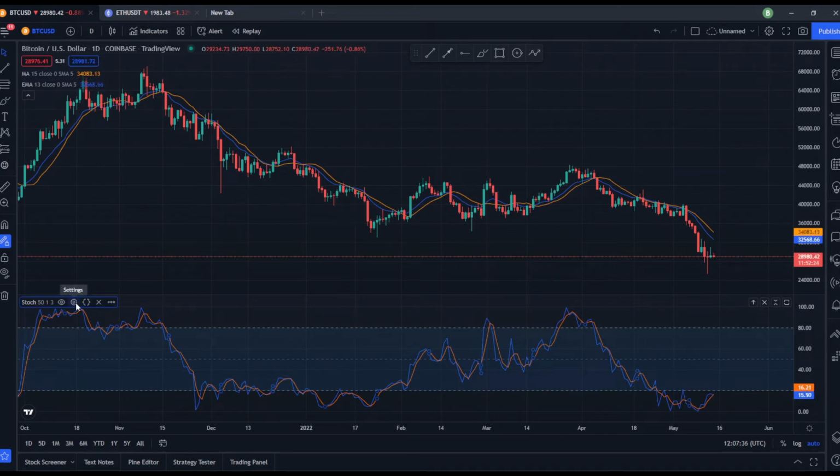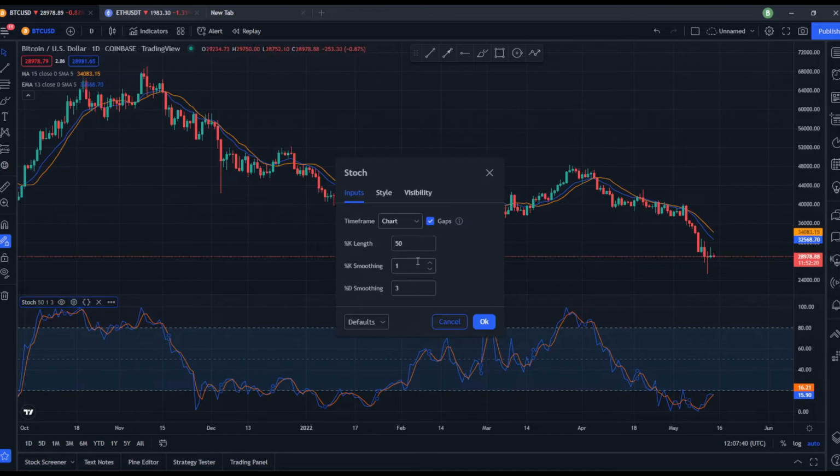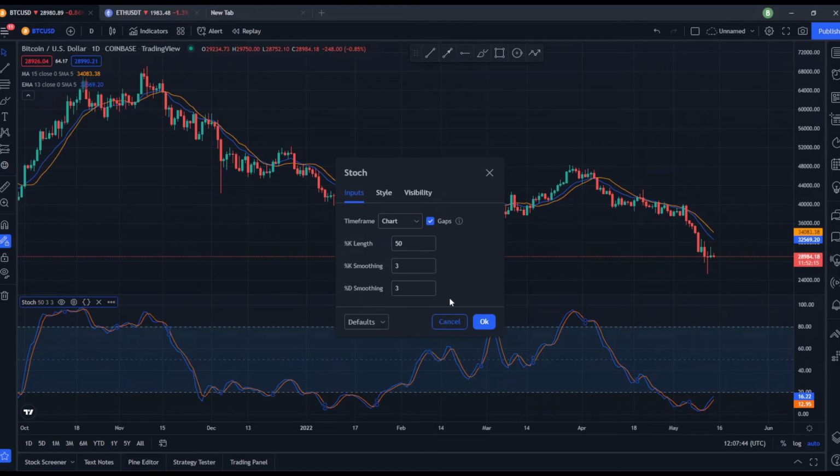Now, I know most times the reason why people think that indicators don't work is because they lag a lot. So if you want to reduce the rate at which the indicators lag, you need to know how to tweak the number. Okay, so it's not going to give you a lot of false signals.